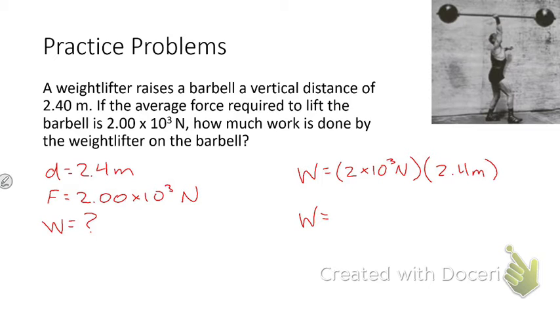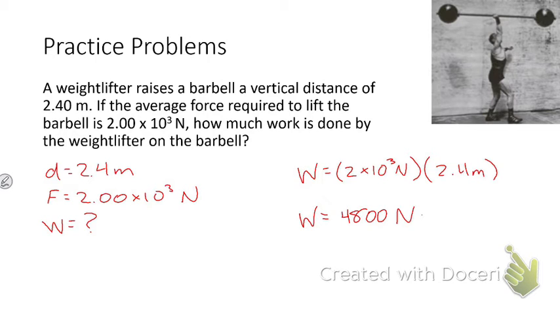So my work done is 2,000 times 2.4 is 4,800, I believe, times 10 to the 3. Perfect. So work is equal to 4,800 Newton. Okay, so our units here.